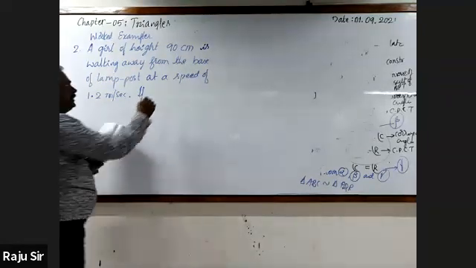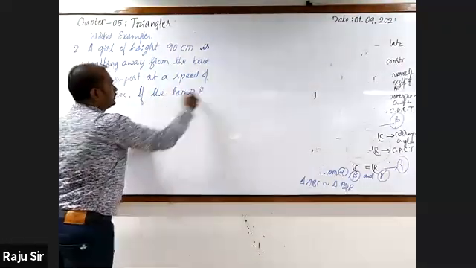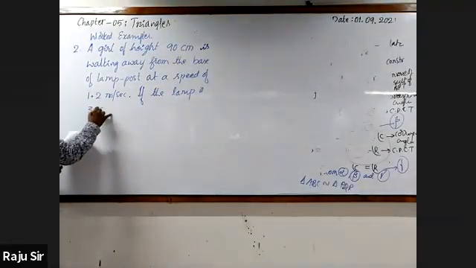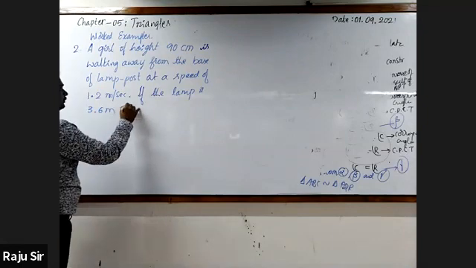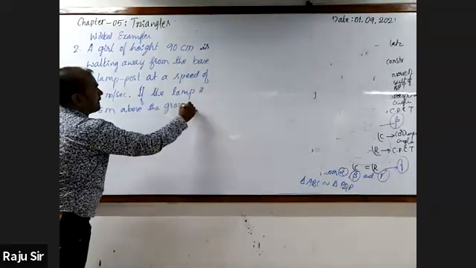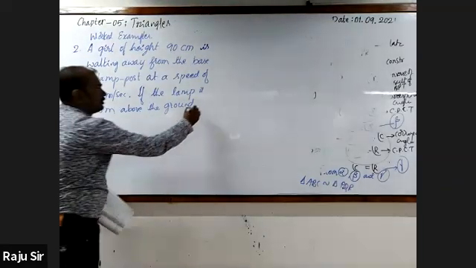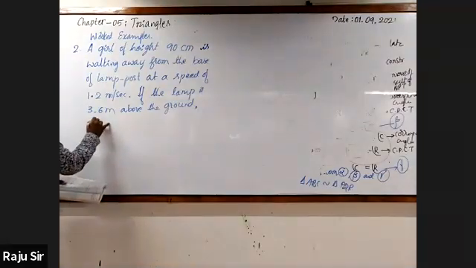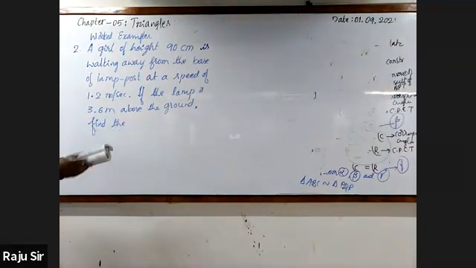If the lamp is 3.6 meters above the ground, find the length of the shadow of the girl after 4 seconds.